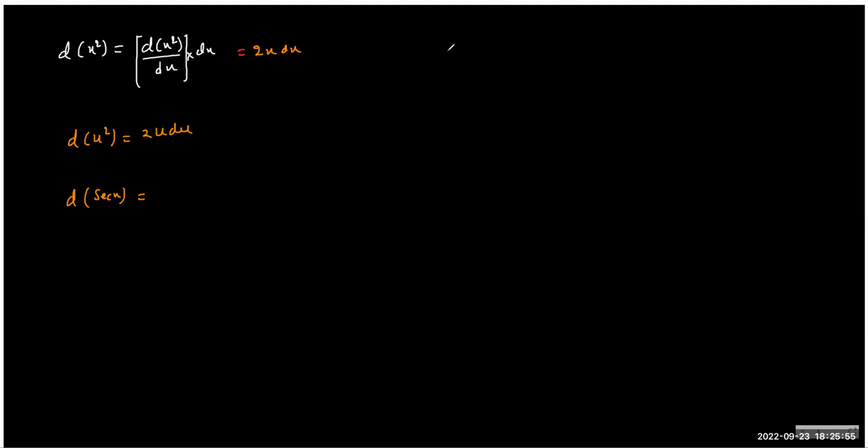Sec x tan x. So what should we do right here? Can we write it like this? Yes or no? Yes, sir. Same logic. Now if you're not getting it, once again: you can write this as d of sec x upon dx into dx. And the answer for this we know: sec x tan x dx.